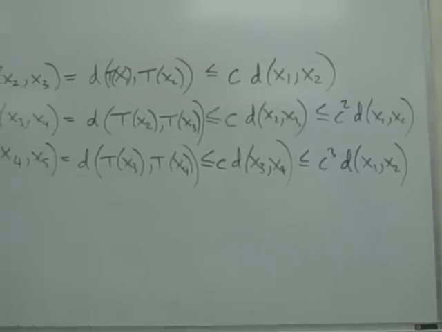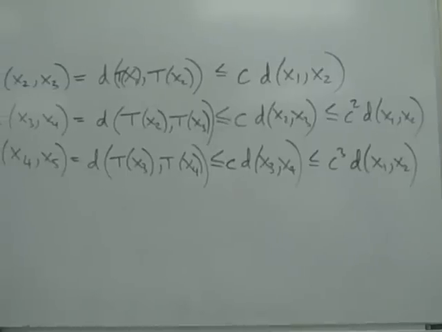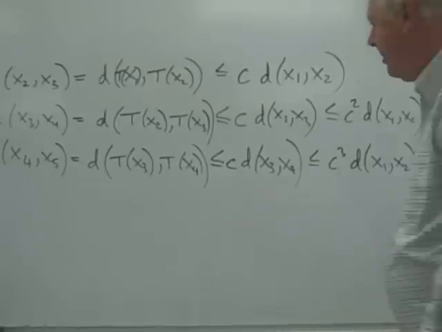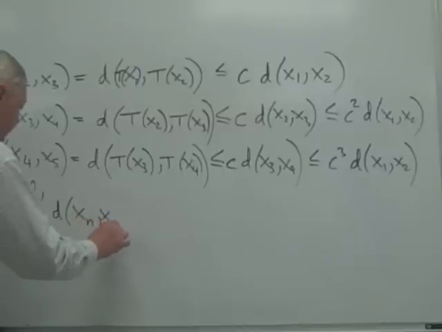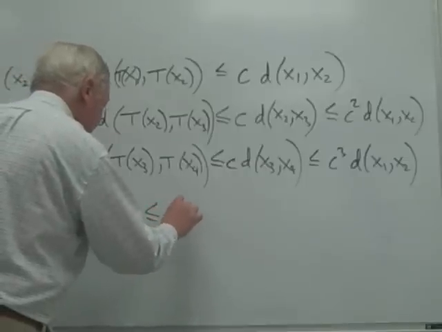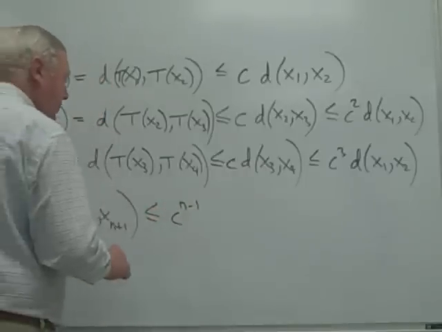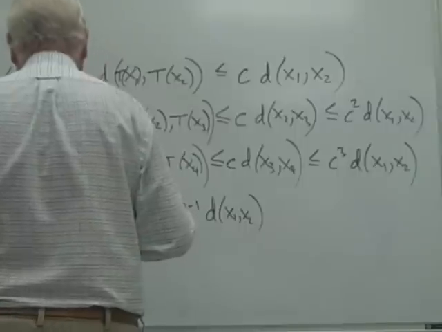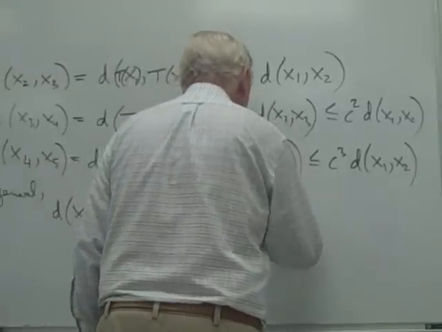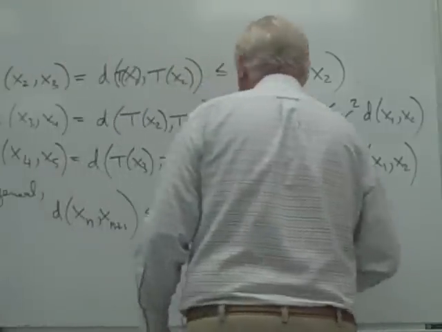So each time we do such an estimate, we pick up another factor of c, and so in general, the distance from xn to xn plus 1 will be less than or equal to c to the n minus 1 times the distance from x1 to x2, and that will work for n greater than or equal to 2.